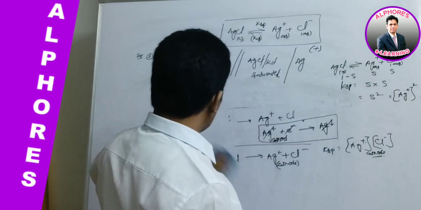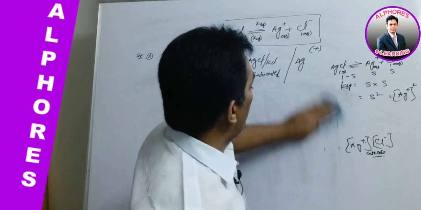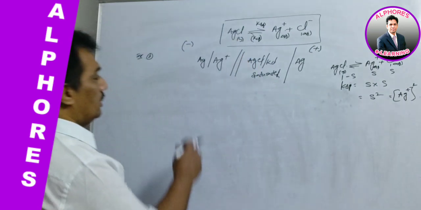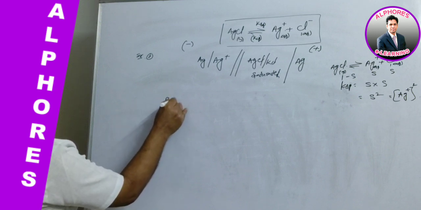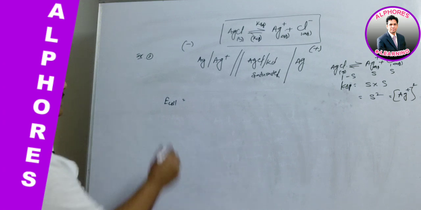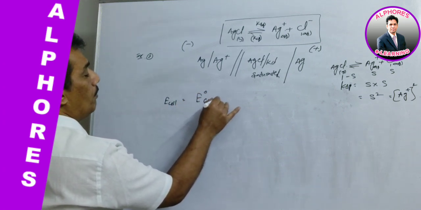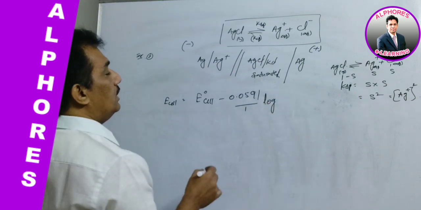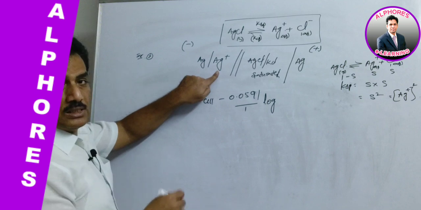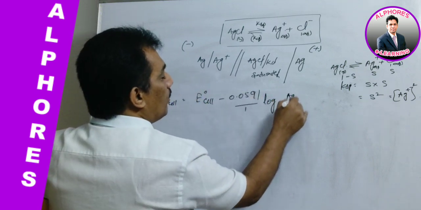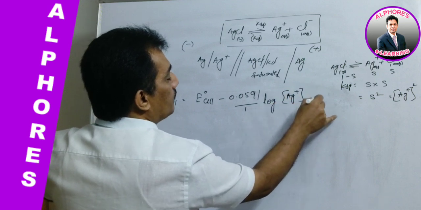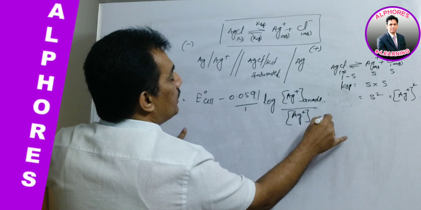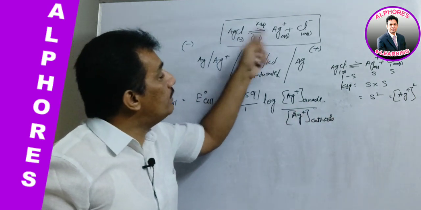For this saturated AgCl solution as the cathode and the silver salt solution as the other electrode, if we consider E cell for this electrochemical cell, it is equal to E naught cell minus 0.0591 by 1 log, just observe, anode Ag plus is the product, so Ag plus of anode by Ag plus of cathode, because this Ag plus of cathode appears only from the dissolved AgCl.